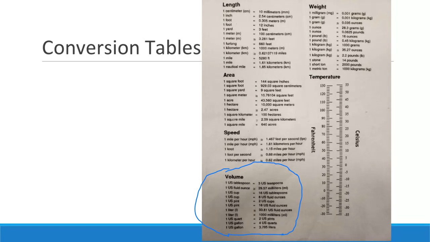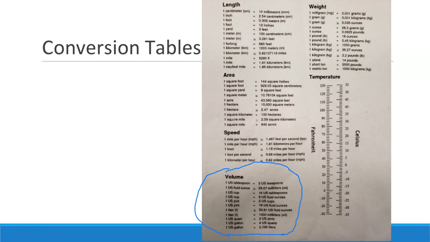We can move between milliliters and fluid ounces in the US system of measurement, but we can't move very easily from milliliters to tablespoons, and that's what we're trying to get to. So you have to devise a path to get from milliliters all the way to what I want. This is going to be the first real multi-step conversion that we do.